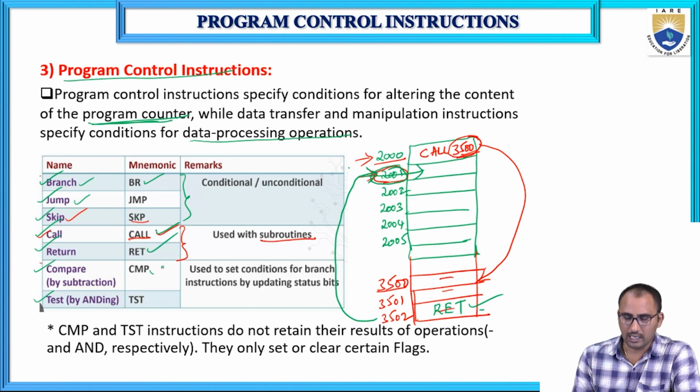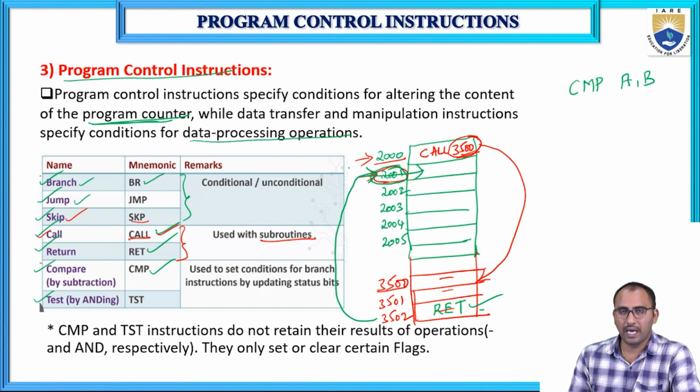And next one, compare. The mnemonic is CMP. CMP A comma B means we are comparing the contents of the B register with the A register, the accumulator.